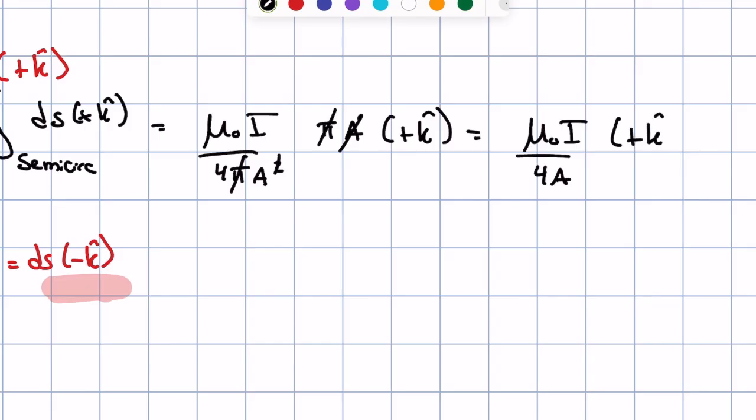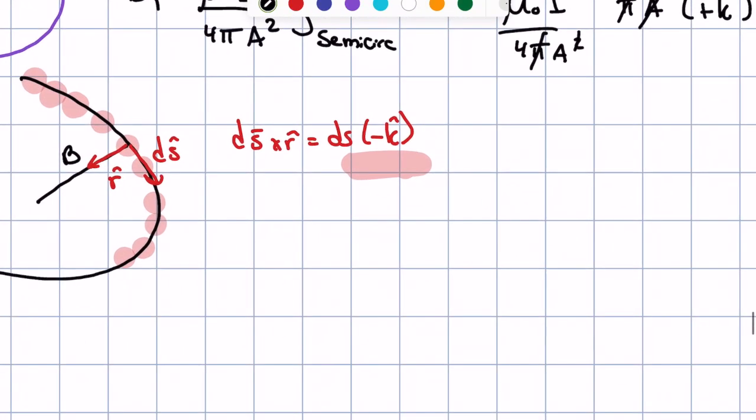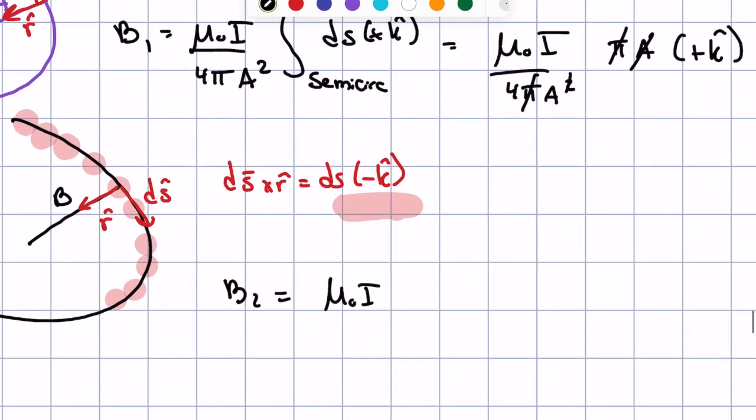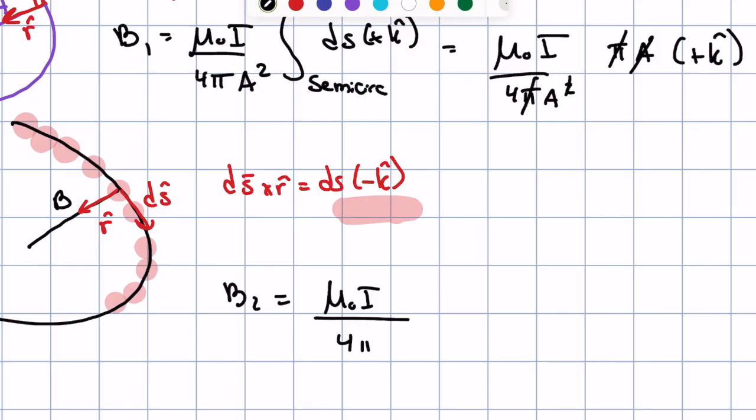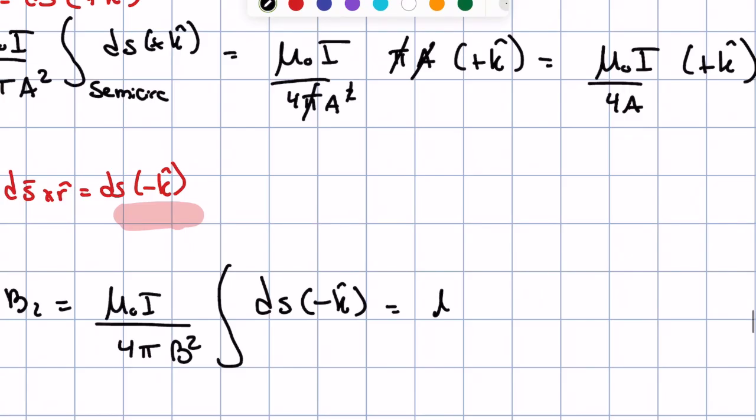So for B2, the contribution due to the bigger semicircle, we get B2 is equal to mu naught I over 4 pi b squared, because it has a radius of b, integral over its semicircle of ds in the negative k hat direction, and that is going to be mu naught I over 4 pi b squared times pi times b in the negative k hat direction.